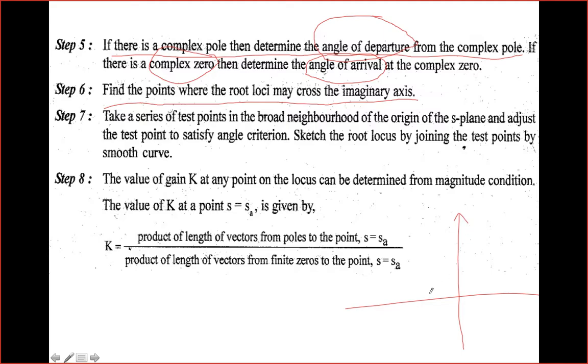The root locus may cross the imaginary axis. So, for example, this graph is a root locus and it will cross the imaginary axis. We have to find this point, which point the root locus is crossing the imaginary axis. That we can find in step 7.